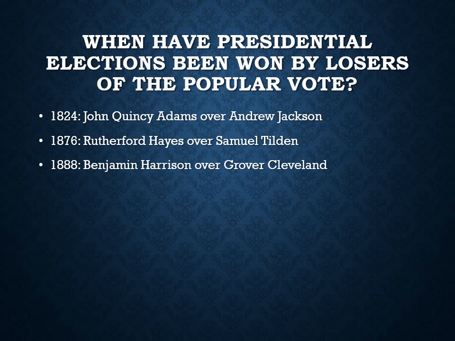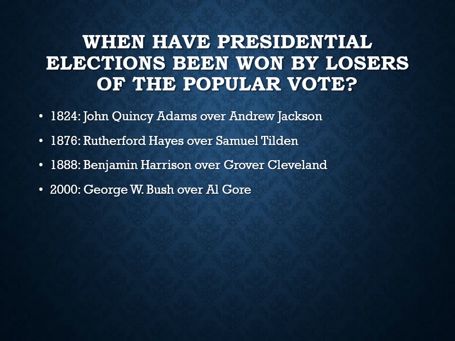In 1888, same thing with Benjamin Harrison over Grover Cleveland. And more recently, in the year 2000, in a very, very close election, George W. Bush was elected president, even though Al Gore got several 100,000 more popular votes.